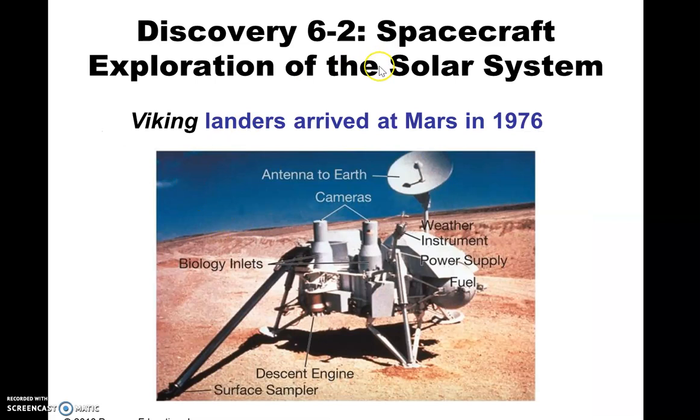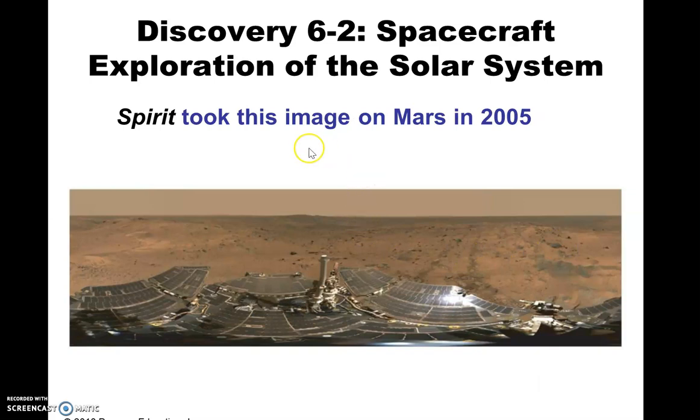Of course, we've been landing spacecraft on Mars for a long time, since 1976, when there were actually 2 Viking spacecraft that landed in different parts of Mars. More recently, in the 1990s, there was what's called Pathfinder, and then, of course, the rovers, Spirit and Opportunity, and Curiosity.